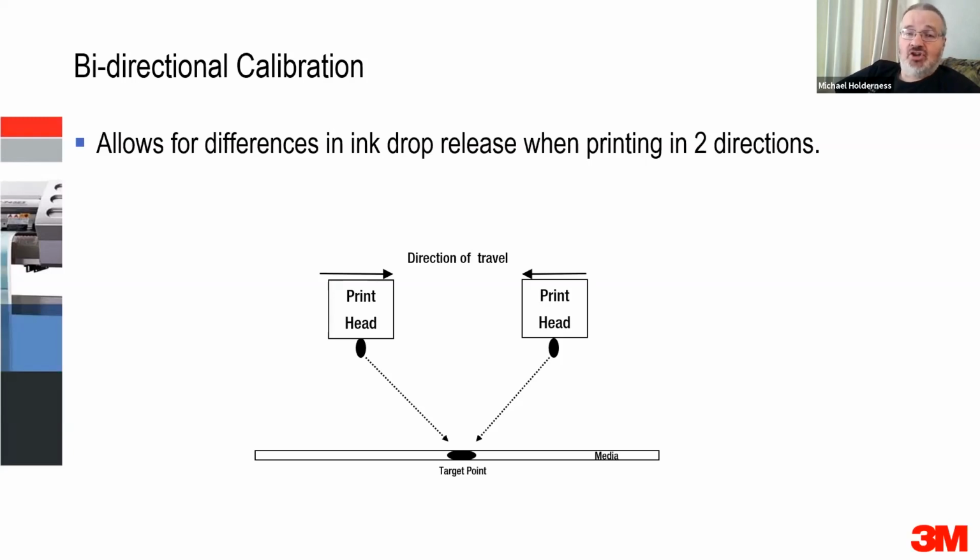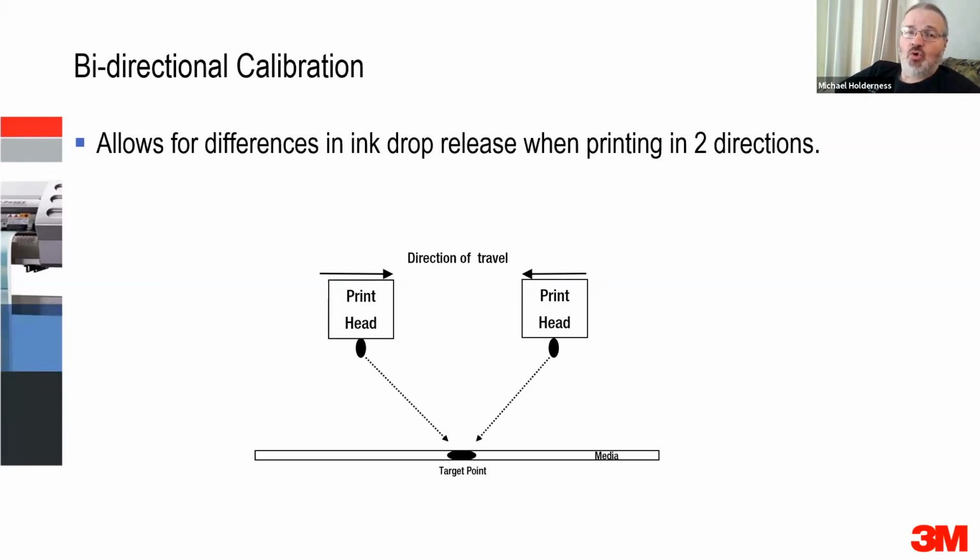If you print unidirectional, you will end up with a better looking print, but you'll end up with half the print speed. So you'll double the amount of time it takes to print, but you will increase the quality of the print. Most people print in bidirectional because it's much, much quicker.